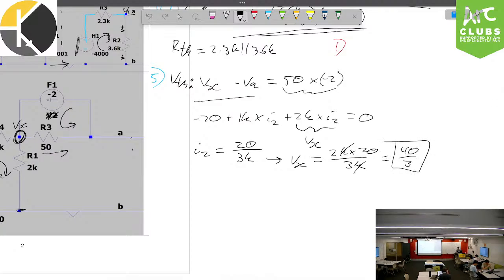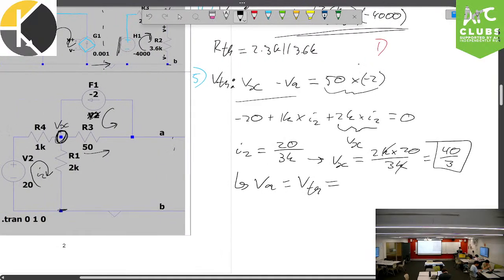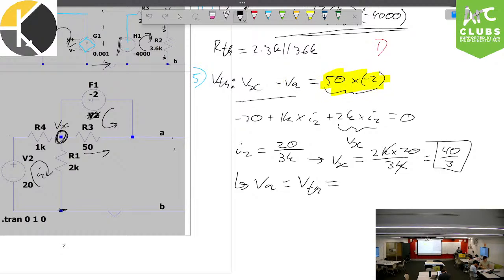And so VA equals V Thevenin equals the negative of this bit, because I'm bringing it over to the other side and swapping it over. So it's going to be Vx minus 50 times minus 2.